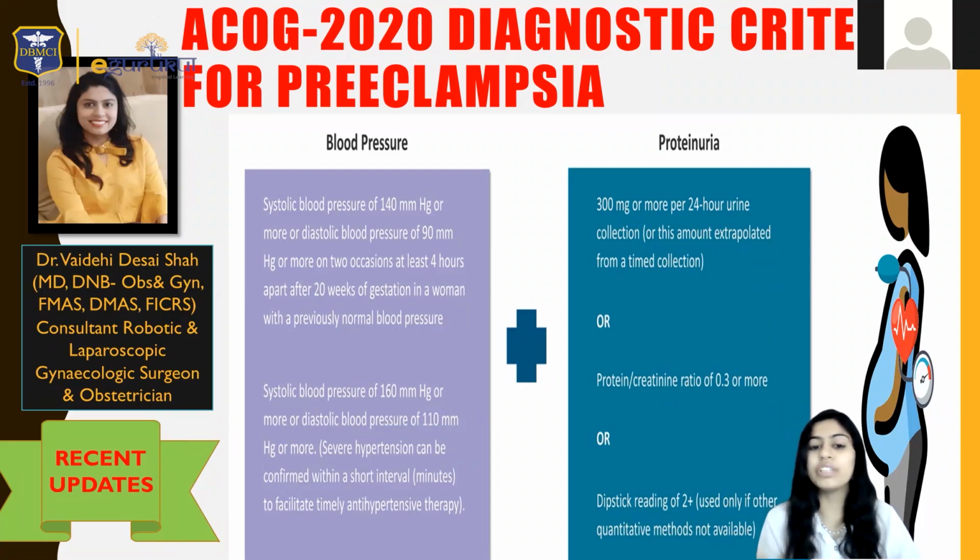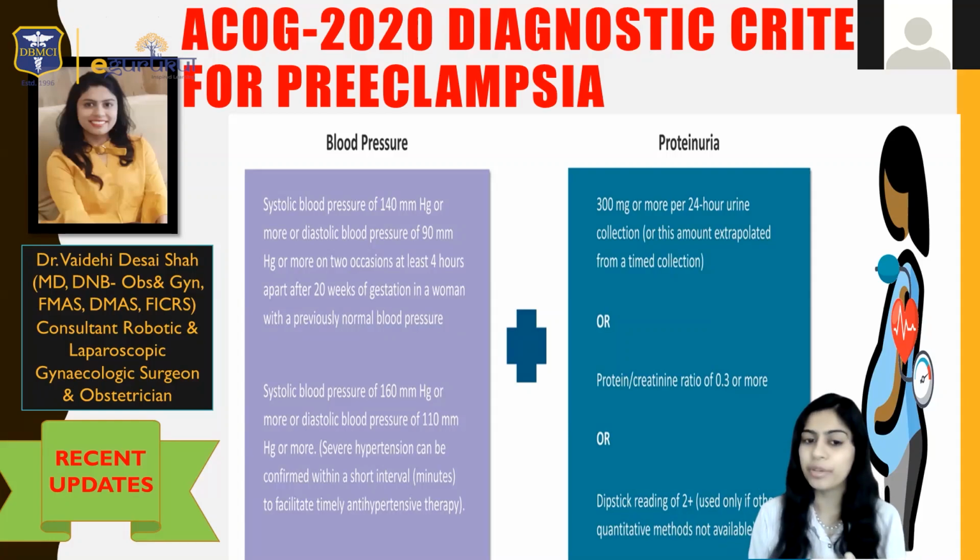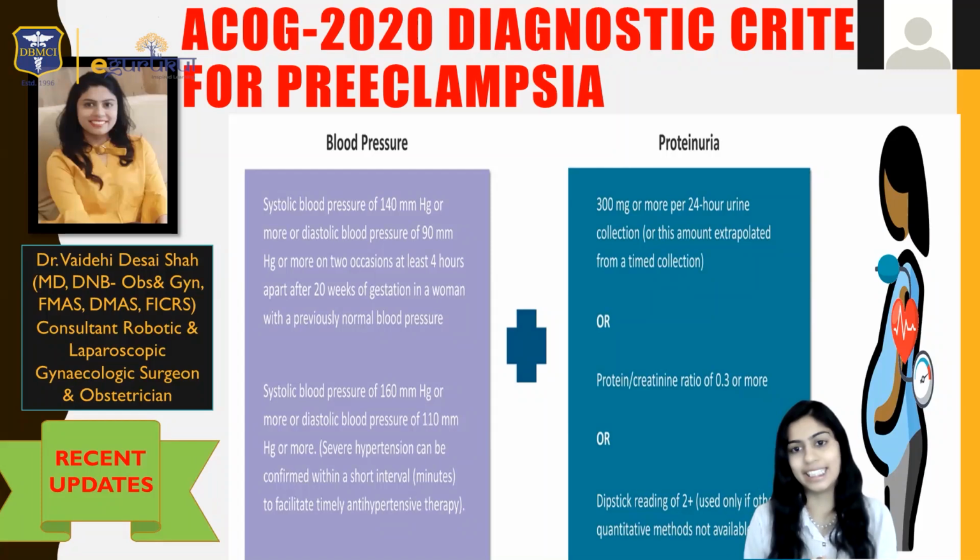This can be confirmed within a short interval to facilitate timely antihypertensive therapy. So whenever a patient has 140/90 blood pressure or severe range blood pressure, that is more than or equal to 160/110 millimeters of mercury, plus proteinuria, this is considered as preeclampsia without severe features. Proteinuria, we have already discussed what are the criteria used, right?